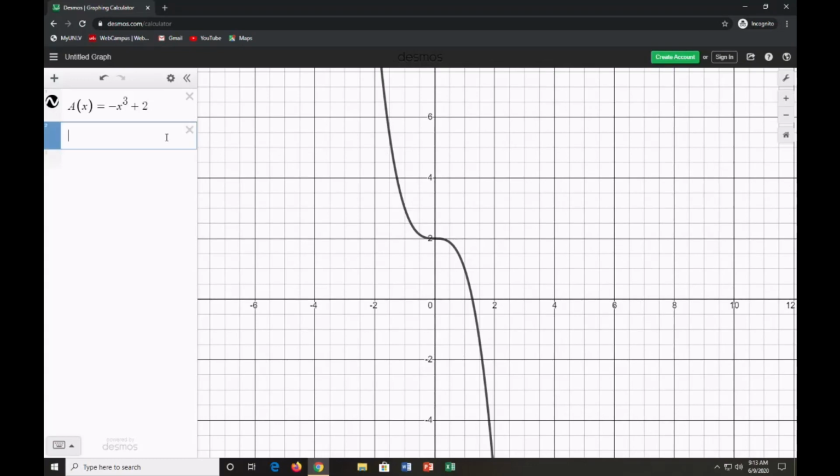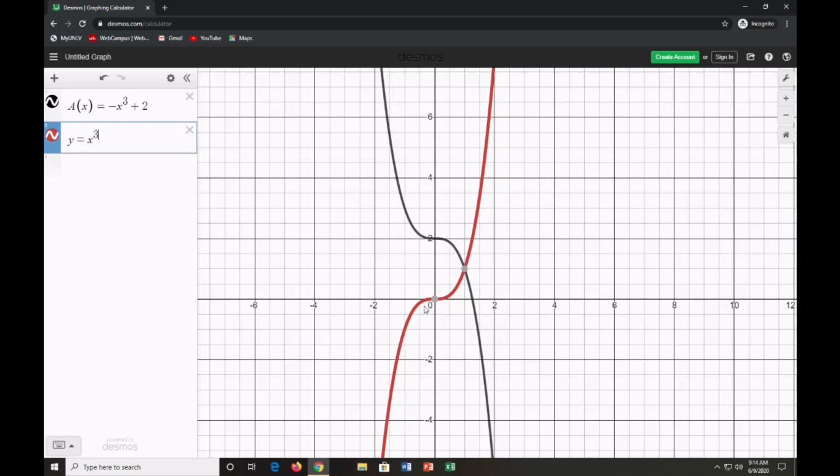Right? So let me for a second, I'm going to bring this up and I'm going to delete it because I don't want to make this screen too crowded. But if we plot the general cubic function like that, okay, notice that the general cubic function is an increasing function from left to right, right?